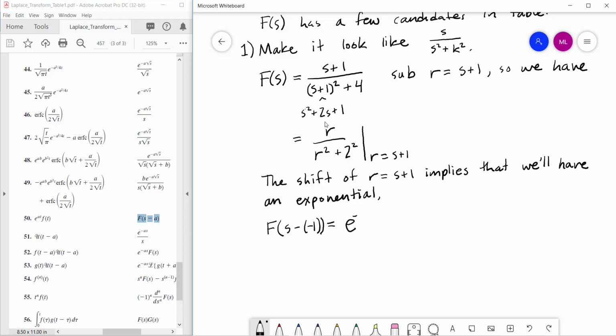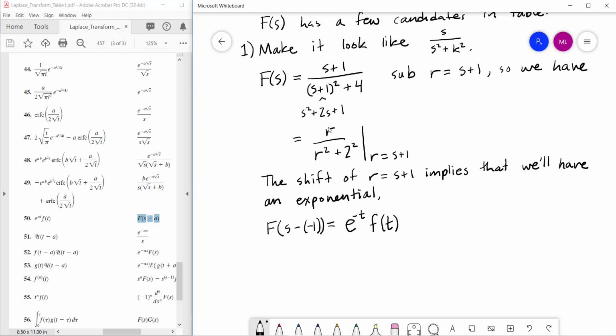In this case, e to the -1t times f of t. So this is the fact that I want to use. This s plus 1 shift, which I can think of as an s minus a with a equal to -1, leads to an exponential times the function that we would otherwise get, where this f of t is just the result of this inverse transform right here. So we would get it from that particular piece.